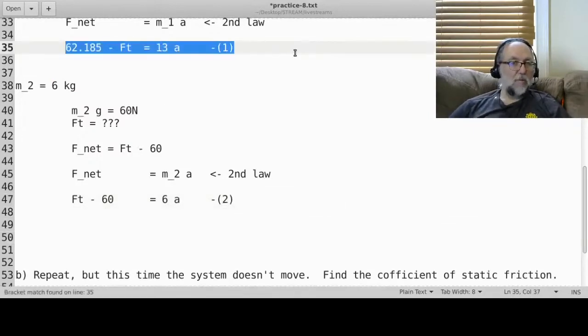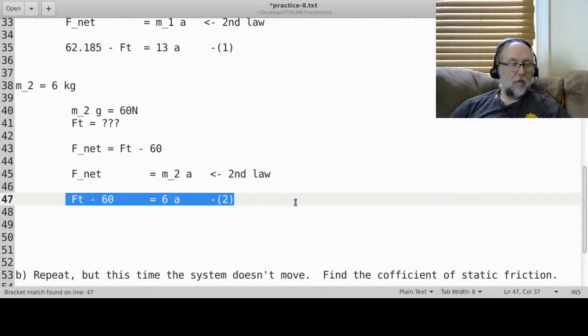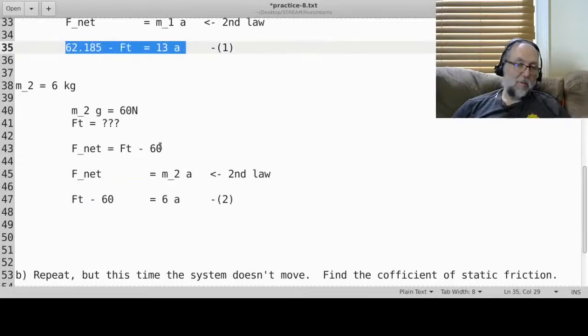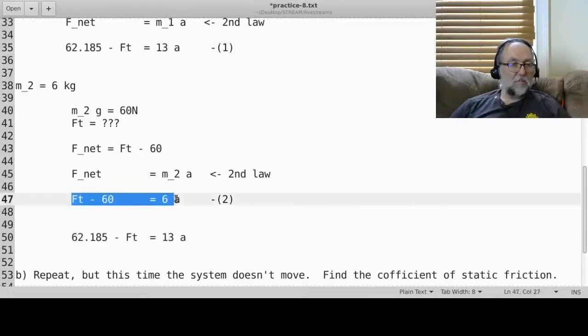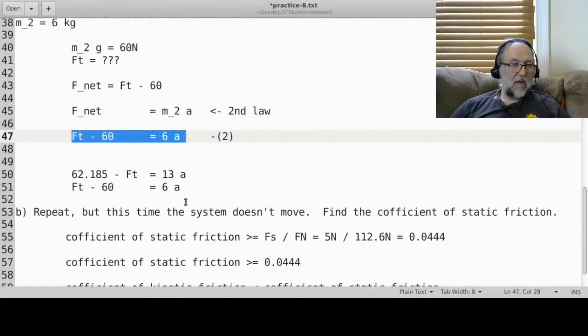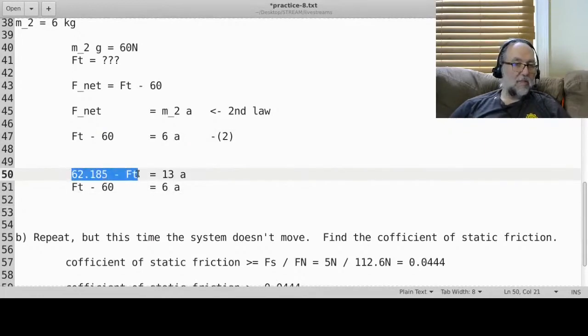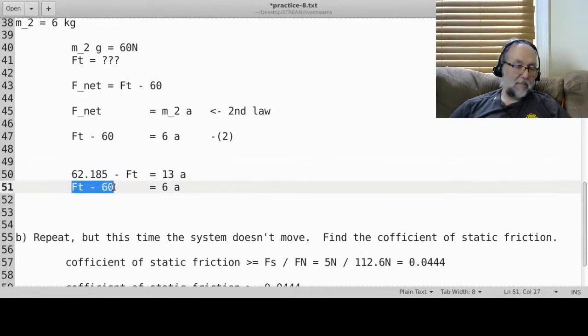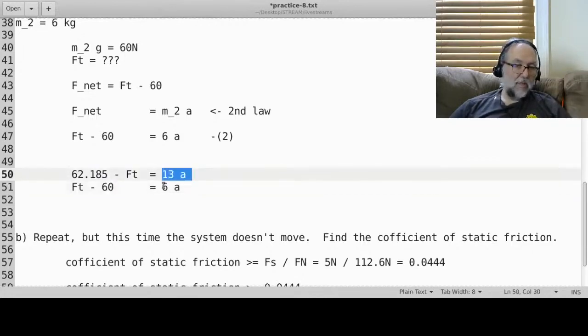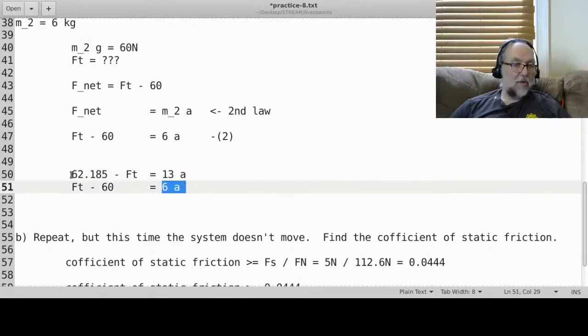So equation number 1 and equation number 2 are two equations in the same two unknowns, Ft and a, and that means we can solve them. You just isolate one value for one and plug it into the other. But for these problems, it's actually pretty nice because all you have to do is just add them. If you add the two left-hand sides and you set that equal to the sum of the two right-hand sides, you're going to get your answer.